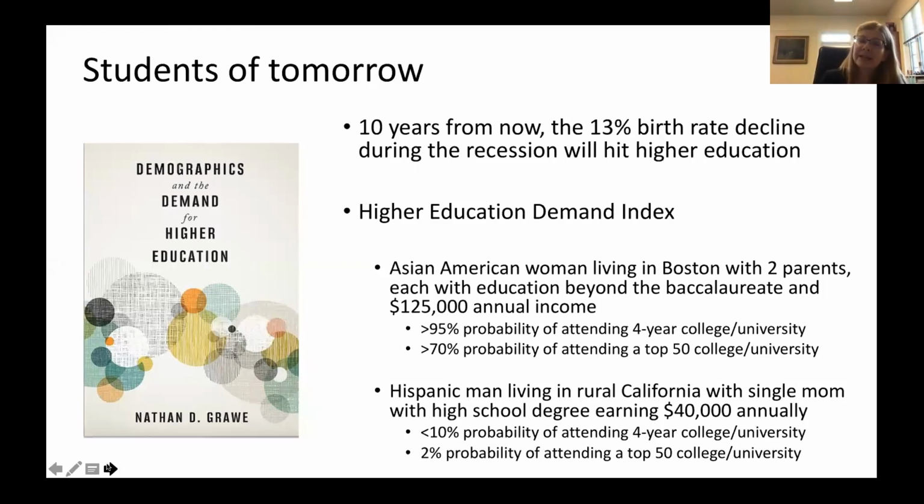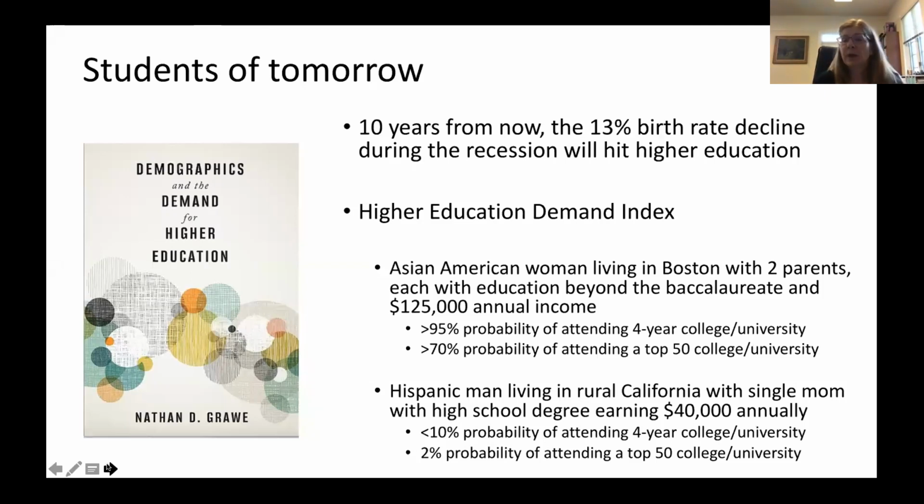And my colleague at Carleton College, Nathan Graw, has done a really interesting study looking at the demand for higher education. And the salient point in his analysis is that not all high school age students are equally likely to go to college, and they're not equally likely to go to the same types of college.